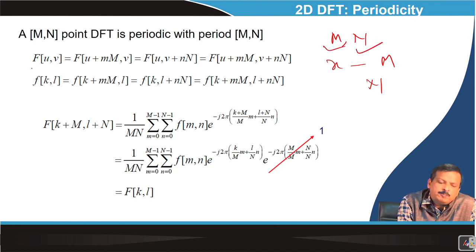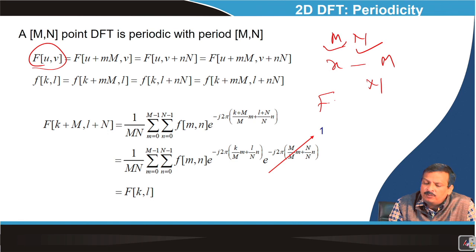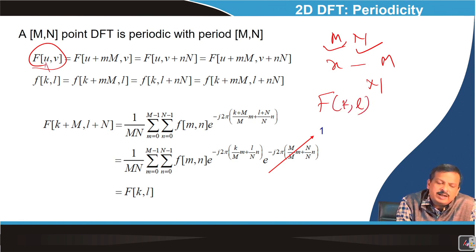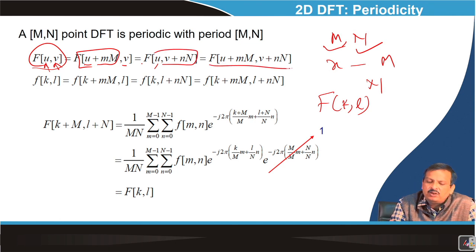So F of u, v, or I can say F of k, l, whatever: u is one dimension, v is the other dimension, F(u plus m, v) is equal to F(u, v plus n), is equal to this one.